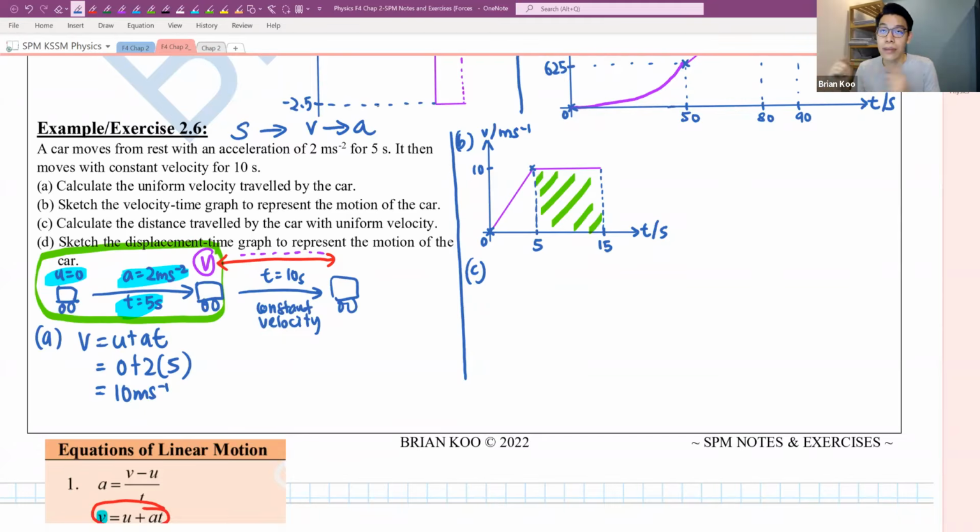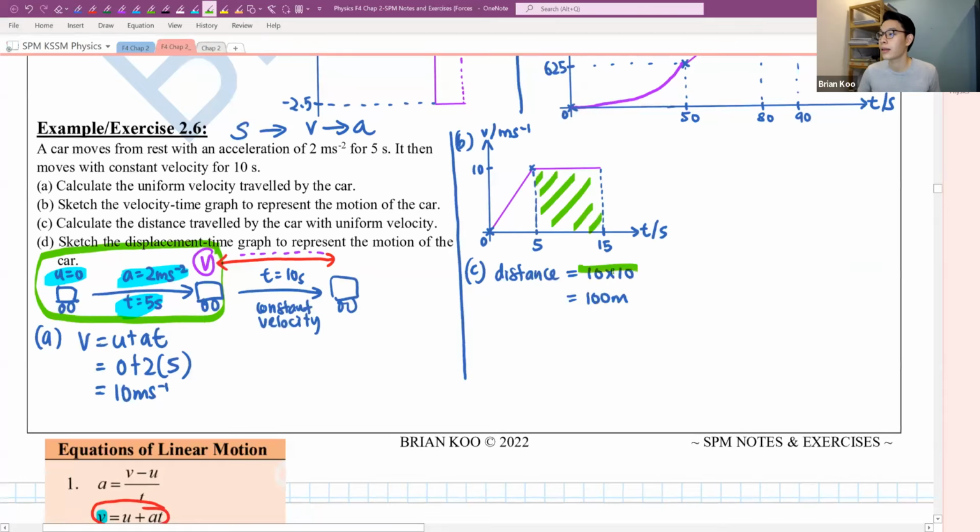If I'm unsure whether it is a curve, I think about gradient again. A straight line means the gradient is a fixed value. If it's a curve, the gradient is not a fixed value, meaning it's increasing or decreasing. So for part C, the distance is 10 times 10, for the green color part. 100 meters.